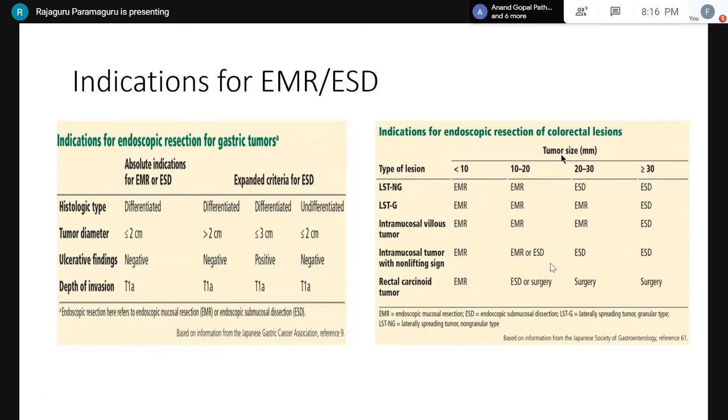EMR is preferred over ESD. For lesions which are larger, the ESD is preferred compared to the EMR. For rectal carcinoids, which are very small, less than 1 centimeter, they prefer EMR. If not, they usually prefer surgery because it might spread deep down.